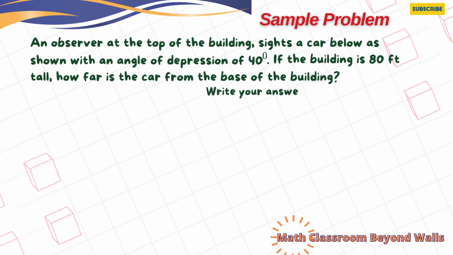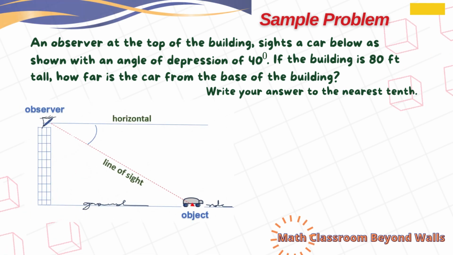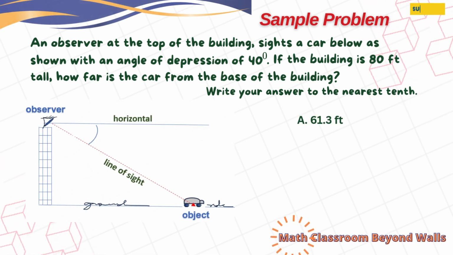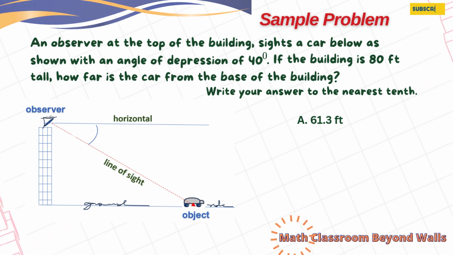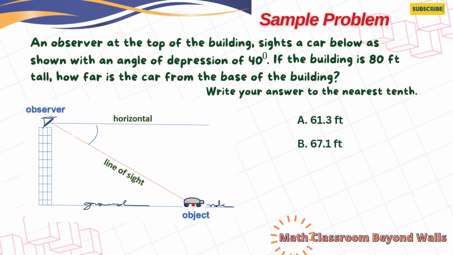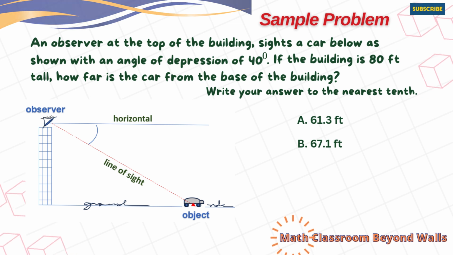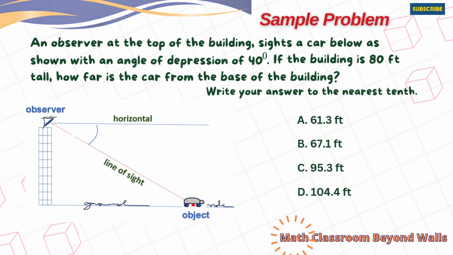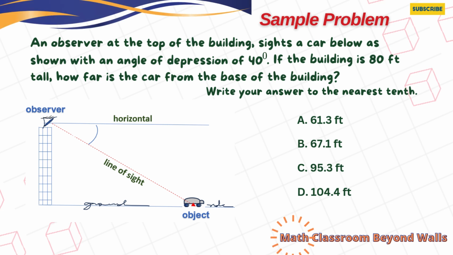Write your answer to the nearest tenth. A figure is given. Here are the options. Option A, 61.3 feet. Option B, 67.1 feet. Option C, 95.3 feet. Option D, 104.4 feet.